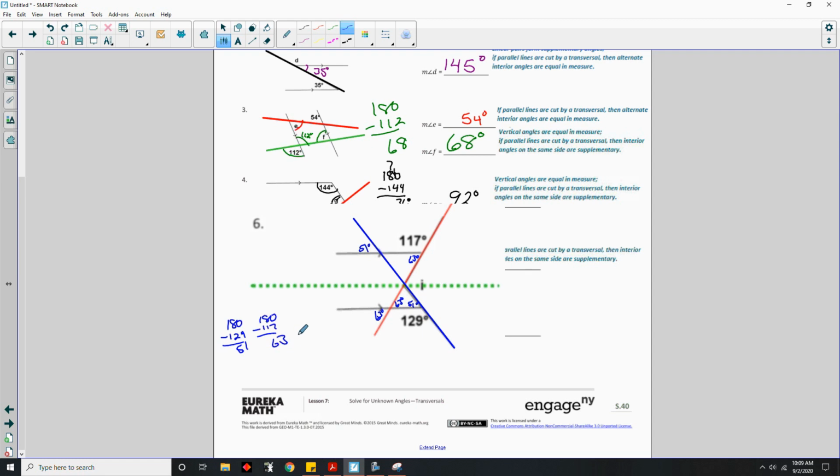So if I have 63 degrees for this angle here and 51 degrees for this angle here, for 114 degrees for those two, then I subtract them from 180. I find my third angle. 10 minus 4 is 6. 7 minus 1 is 6. So this is 66 degrees right here.